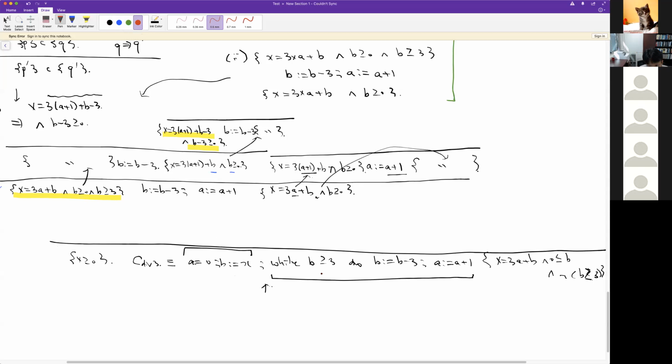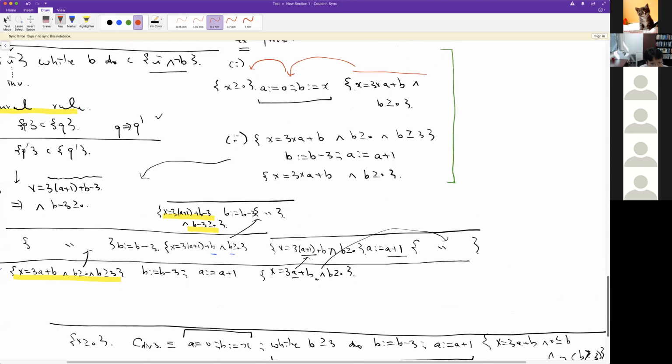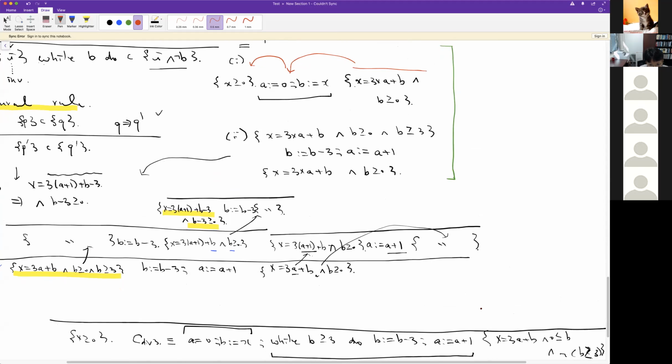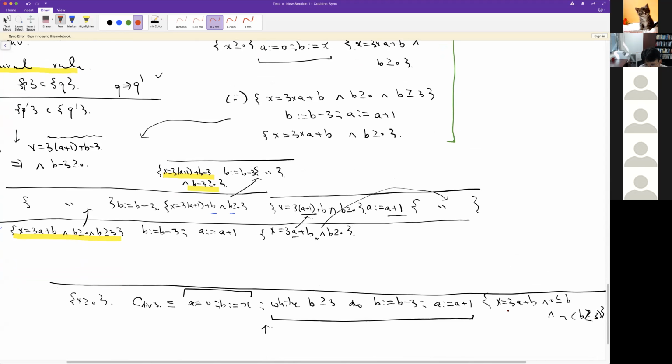What is going to be an appropriate invariant? If you look at the rule for the while loop, the conclusion is the invariant and the negation of the loop condition. So in this conclusion, we have a negation of the loop condition, and then the remaining part is this.